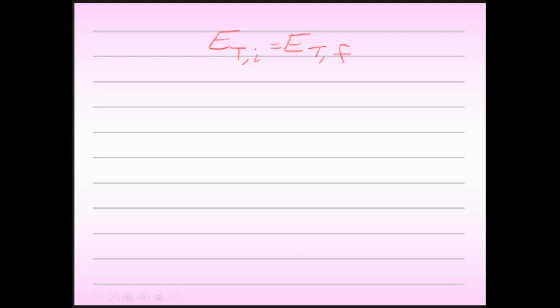Well, apparently, ET initial was what? I want you to write all three. Let's write EK plus EG plus EE. Also here must equal EK plus EG plus EE. And some other teachers might say you still technically have to say KI, GI, EI, KF, GF, EF.